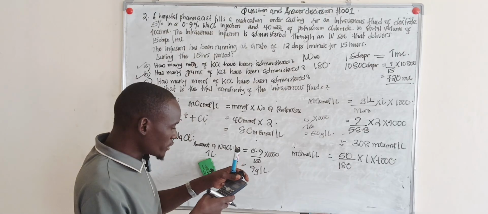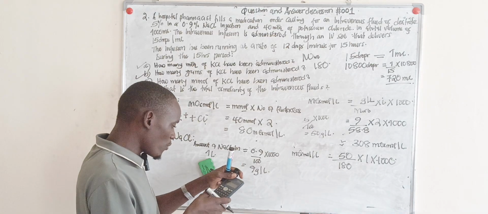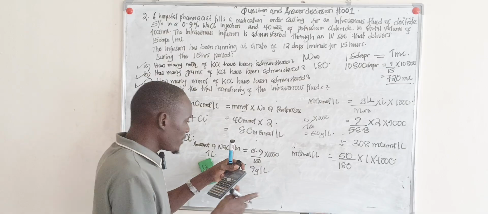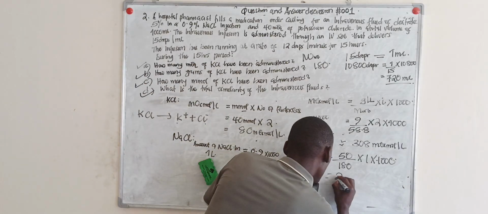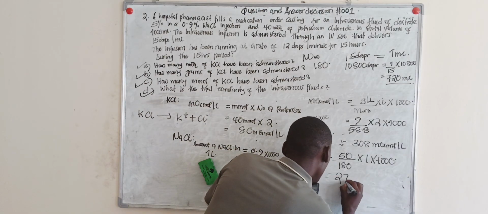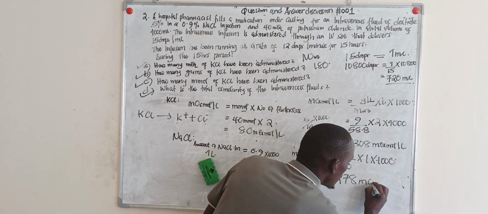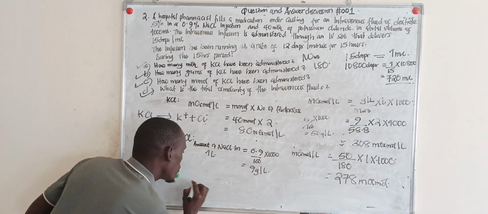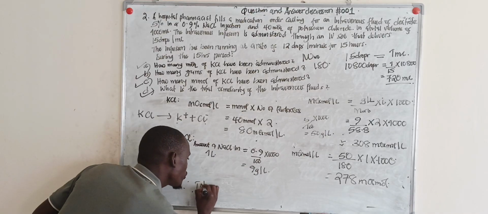So when we compute this, we shall have 50 divided by 180 times 1,000. This will give us approximately 278 mosmol of dextrose.